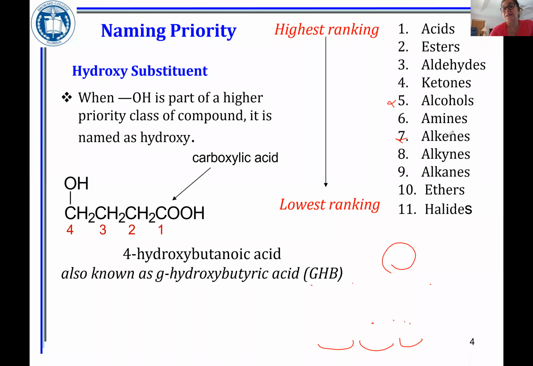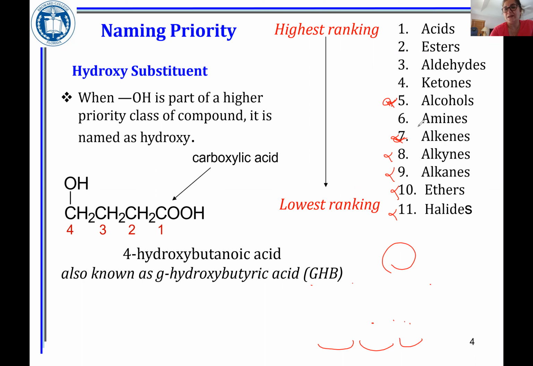Between alkenes and alkynes, you have to be worried about these two. The ones that you learn in this organic one are alkyl halide, ethers, alkane, alkyne, alkene, and alcohols. The other four you are going to learn in organic 2.